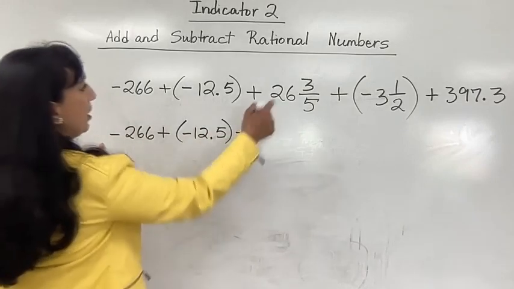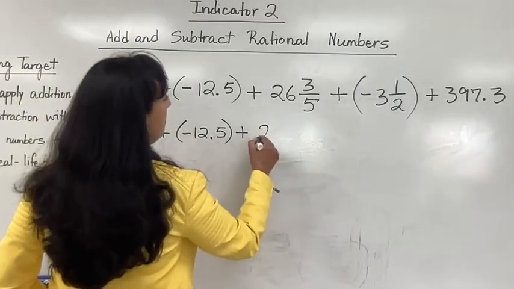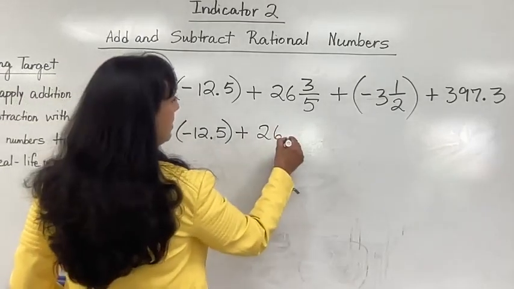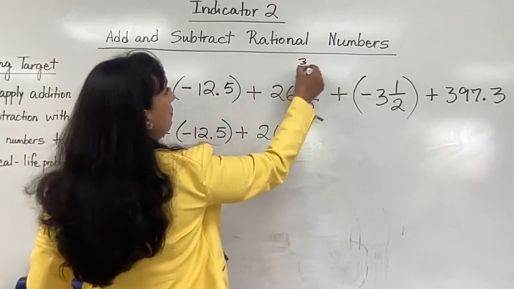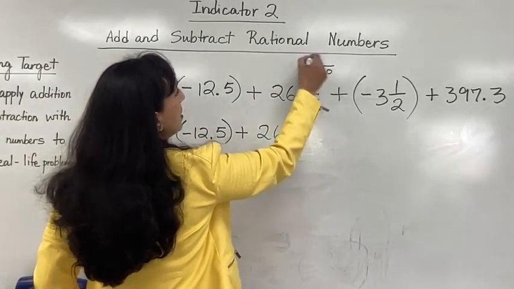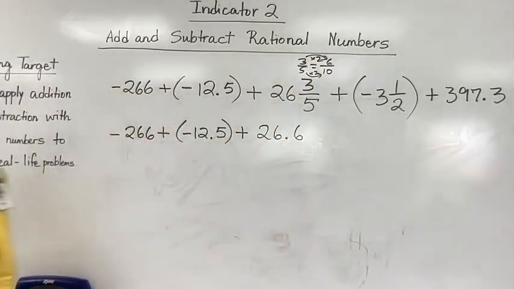I am going to convert that into my decimal. So 3/5, that basically means 6/10, right? So 26 and 6/10. I just took 3/5 and I made it over 10 times 2 times 2, and I got 6/10.